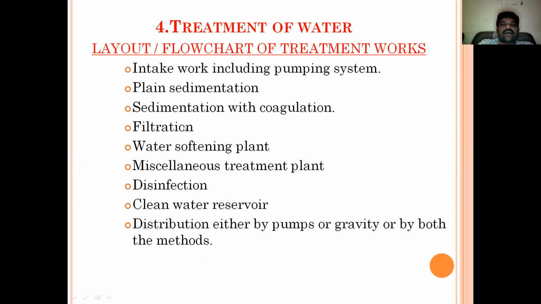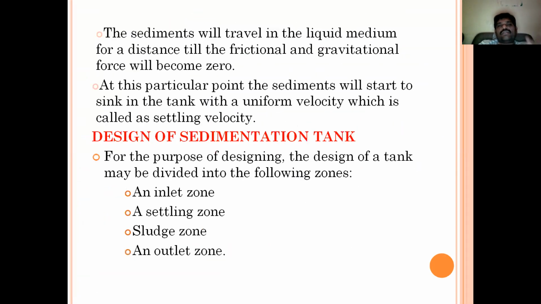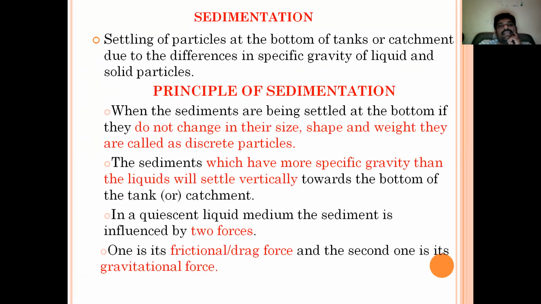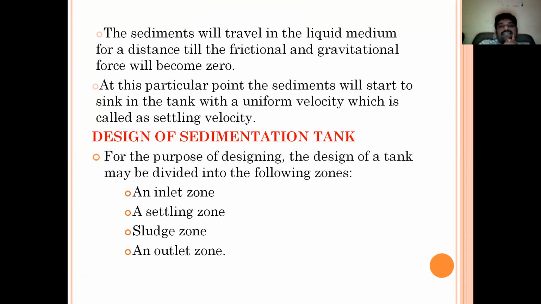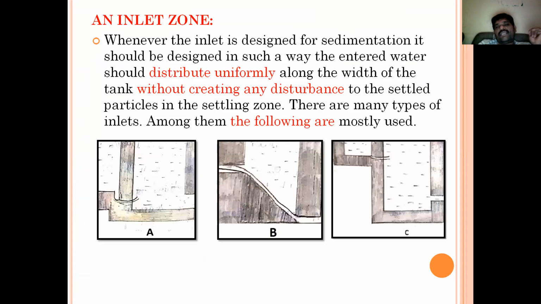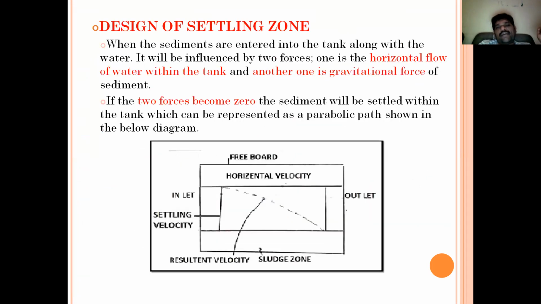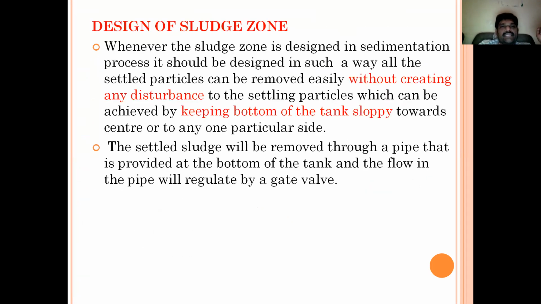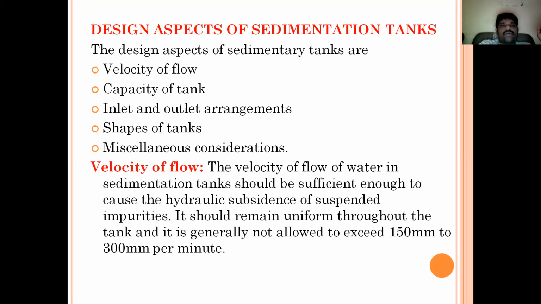We'll move to the next stage, water softening, and discuss them one after another. Have a look at this design of sedimentation. Hope you understood the principles of sedimentation, followed by the design of the sedimentation tank. Here we have seen an inlet zone, design of settling zone, design of sludge zone, and design of outlet zone.